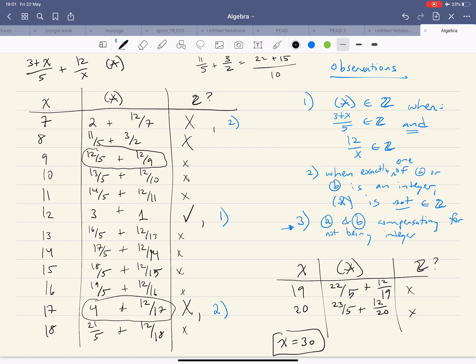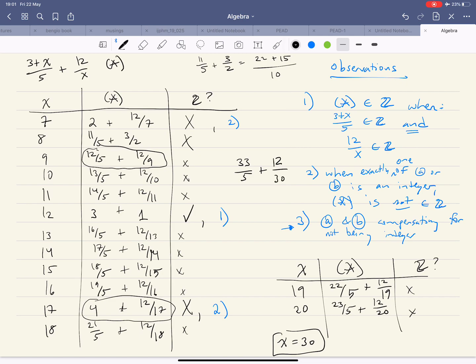So 3x plus 5 is going to give me 3 plus x, where x is 30, is going to give me 33 over 5 plus 12 over 30.